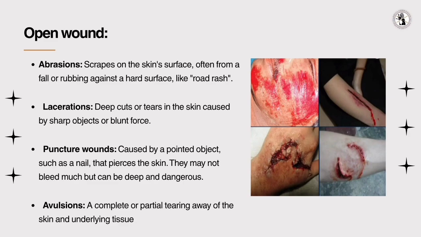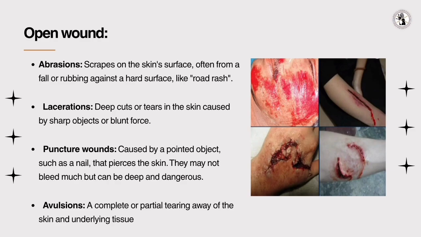So what is abrasion? Abrasion is a scrape on the skin surface. Basically, if we are rubbed against any hard surface, that rubbing will cause abrasion. Then laceration is a deep cut or tear of skin.